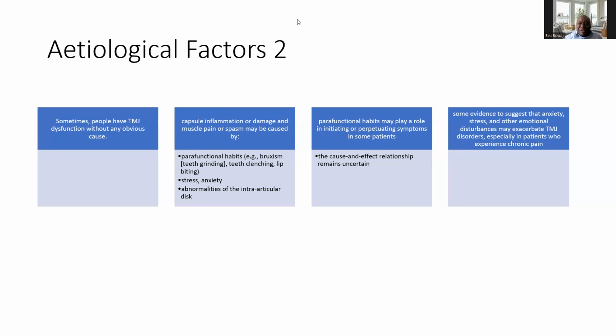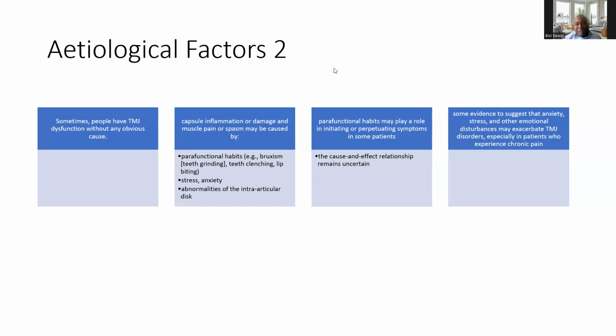Anxiety, stress, like I said, emotional problems can also cause TMJ dysfunctions, because when we are stressed or have emotional problems, we engage in funny muscle activities, which leads to chronic pain. And in this case, it's usually only the muscles that are involved.